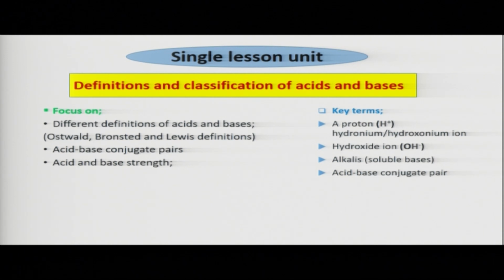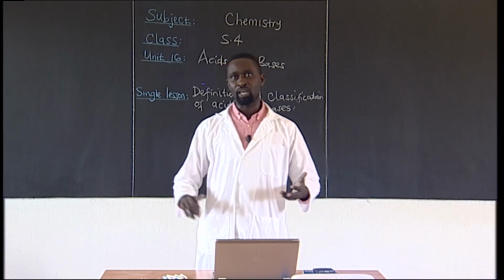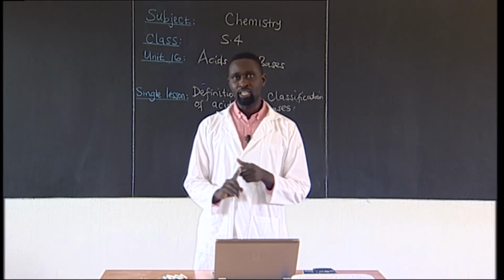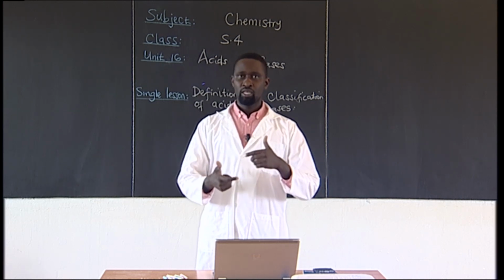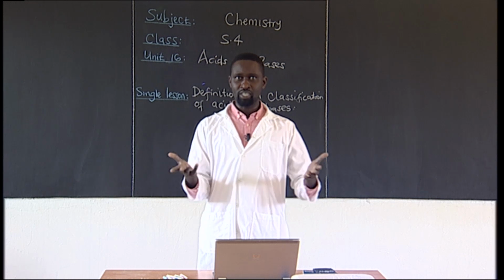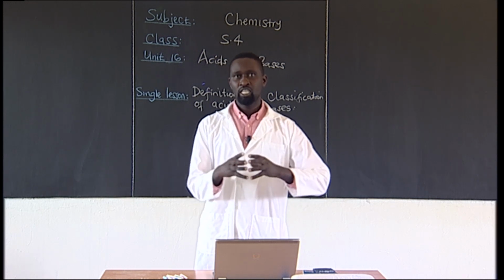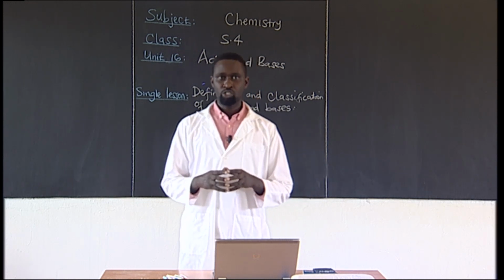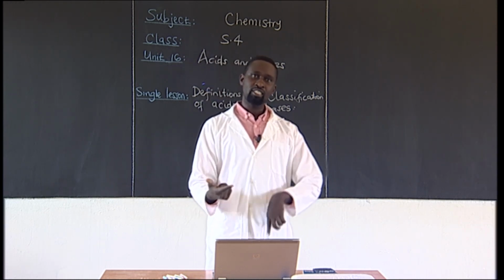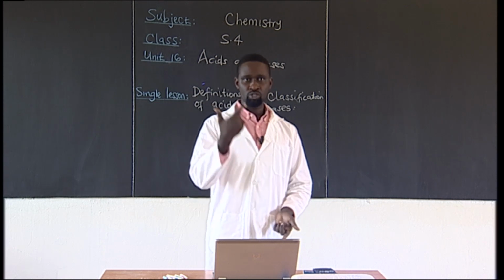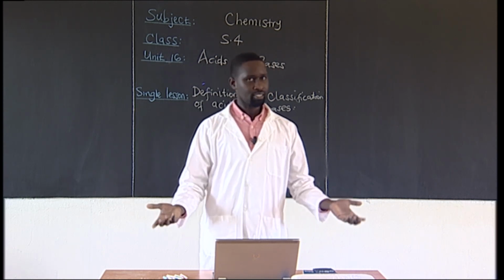You can call it a proton, you can call it a hydrogen ion, you can call it hydronium ion. So I'm bringing you those terms. If we use them, do not wonder and ask yourself, what is that? They are used synonymously. So a proton or the hydrogen ion is when a hydrogen atom loses an electron. Then it forms a hydrogen ion, simple.